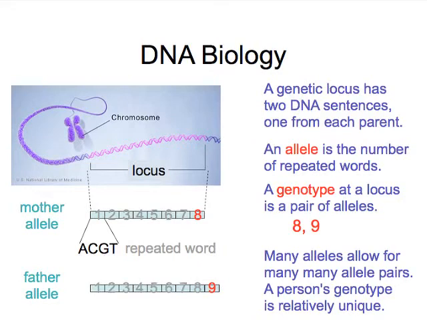So there's a length over here. And so the locus has 2 DNA sentences. The allele is the number of repeated words, 8 in this case, ACGT repeated 8 times. And a genotype, what our genetic type is for this sort of junk DNA, is those 2 numbers, say 8 and 9. It's the 2 lengths at that one locus.